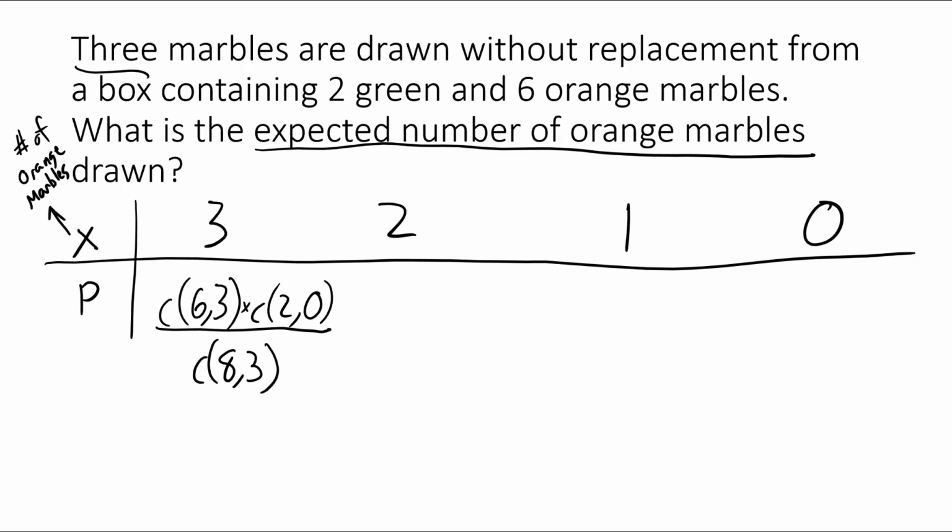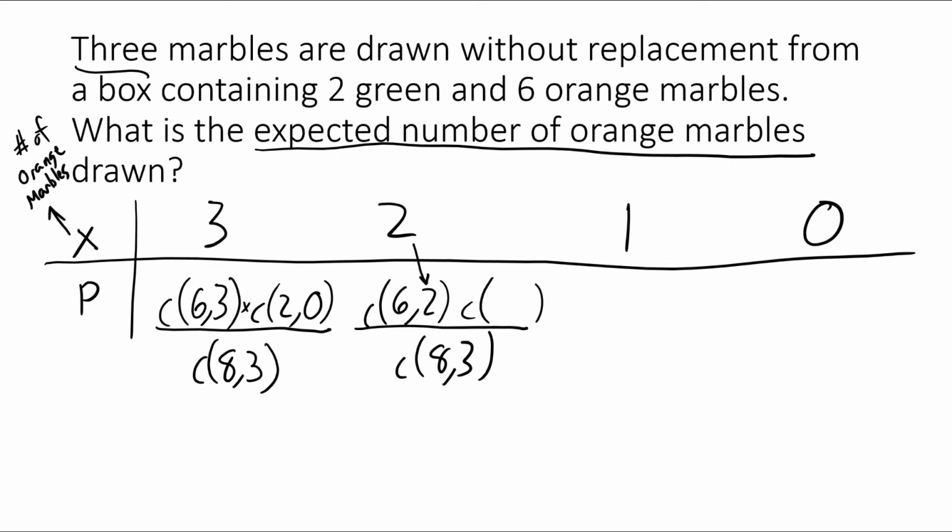All right, now let's do 2 orange marbles. It's going to look very similar. Our denominator is still combination 8, 3. We still have 8 marbles total, and we're still drawing 3. All right, the numerator. Now we want 2 orange marbles. So out of the 6 orange, we want to select 2 of them. So then how many green would that make?